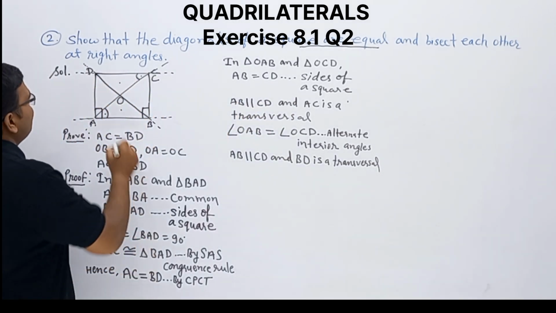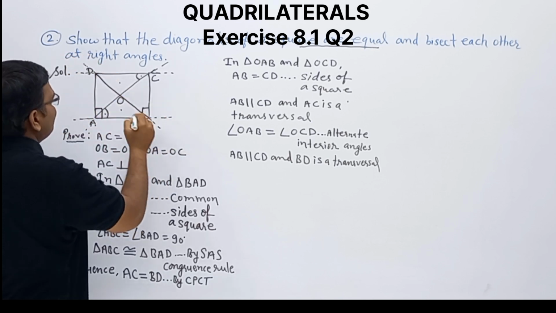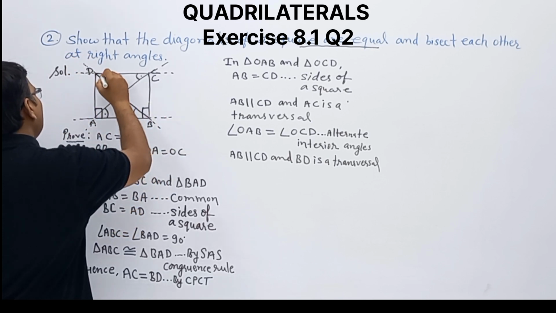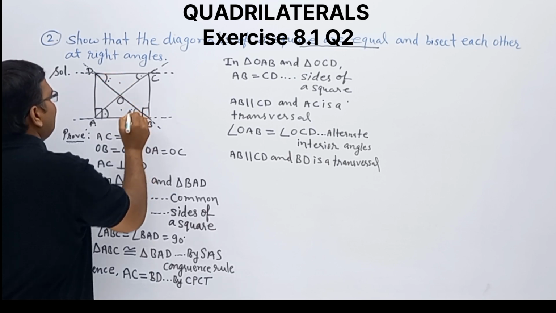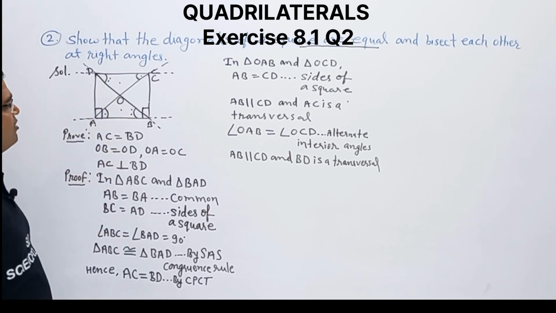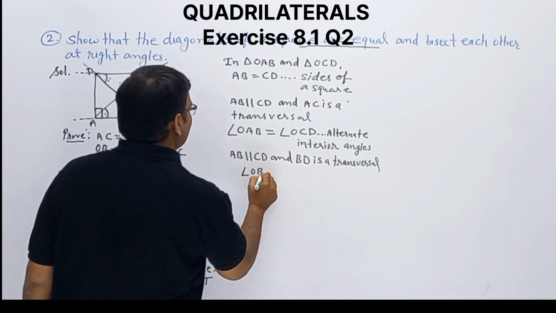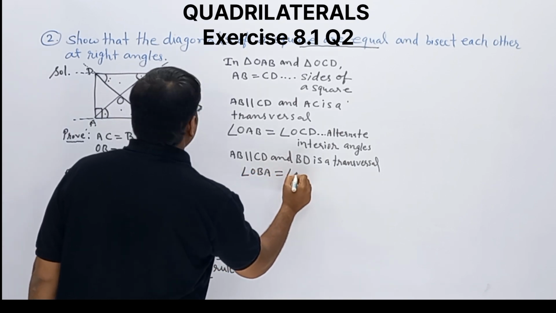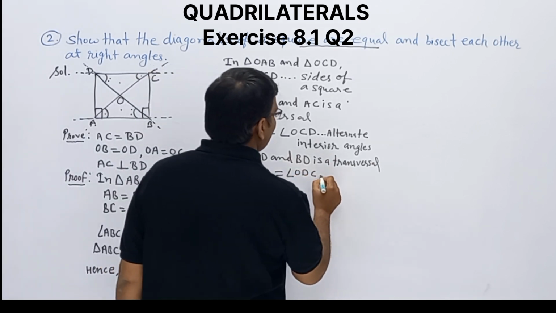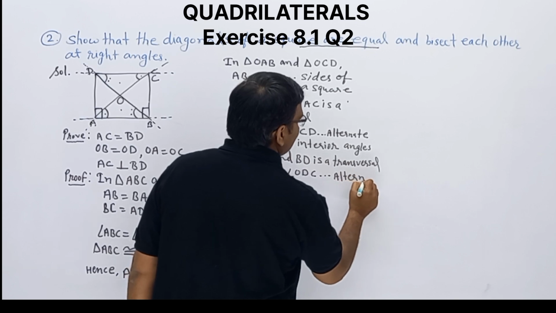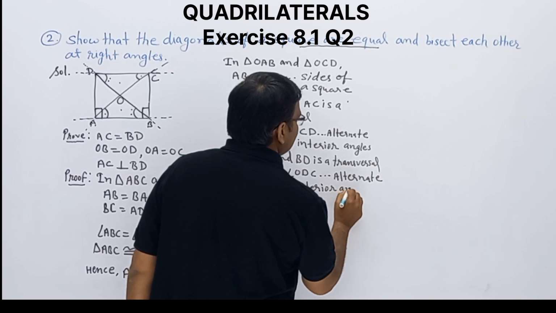Then this interior angle will be equal to this interior angle. Yes or no? These two are alternate interior angles. So angle OBA is equal to angle ODC. Why are these equal? They are alternate interior angles.